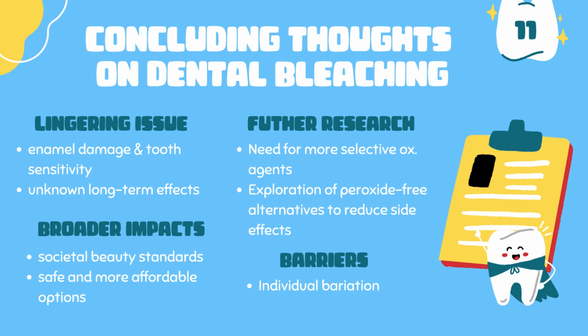A major barrier to creating the perfect whitening system is that everyone's teeth are different, stain types vary, and enamel porosity can affect how well a product works. That makes it hard to design a universal solution.